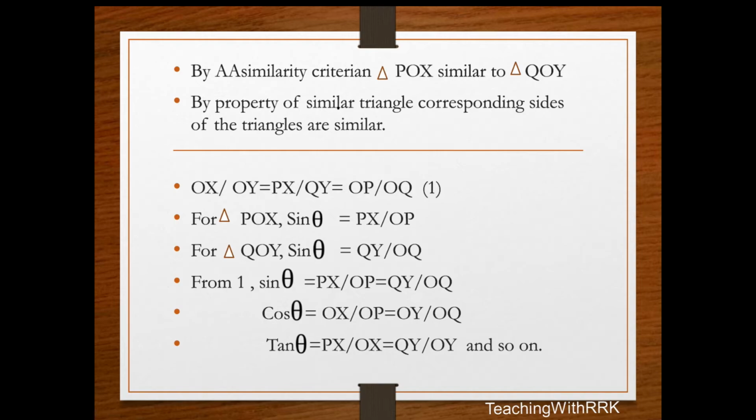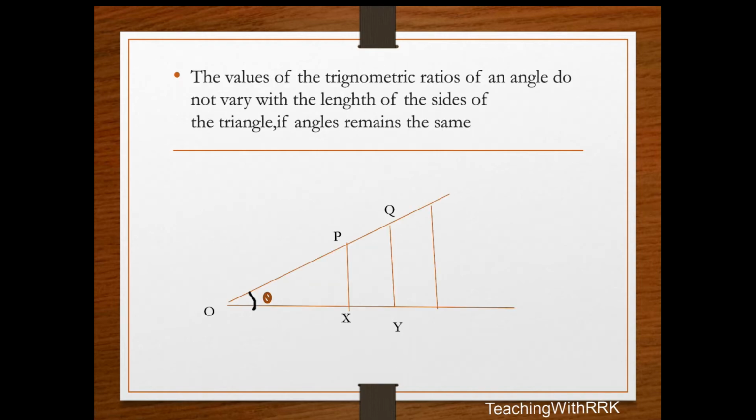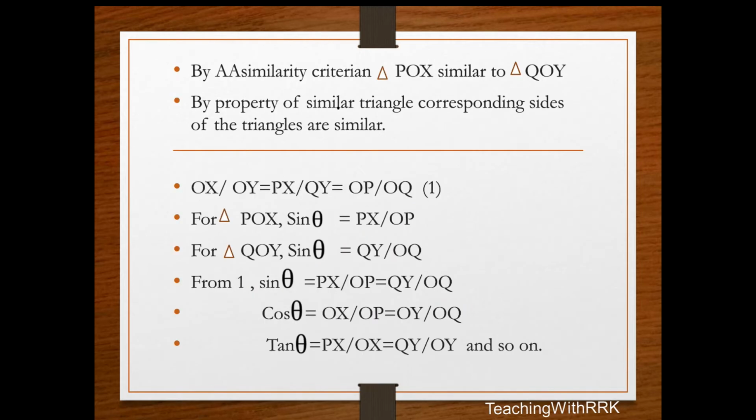Mark this as 1. So for triangle POX, what is sin theta? Sin theta is PX by OP. For triangle QOY, sin theta is QY by OQ. From equation 1, we know that PX by OP equals QY by OQ. So sin theta equals PX by OP equals QY by OQ.